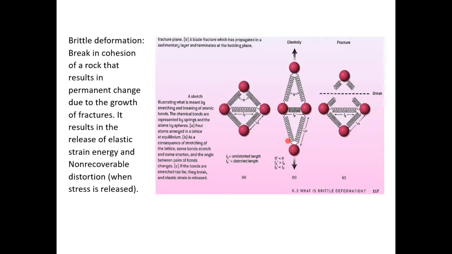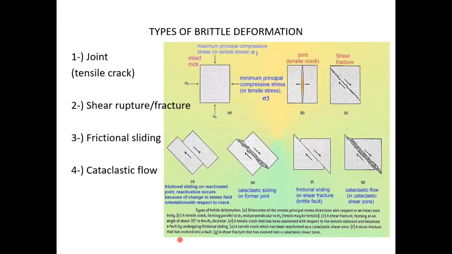At this point, the expression of this atomic scale deformation from outside will be a broken surface or broken plane. In this case, rock is weaker, and this is a non-recoverable, irreversible, permanent change. That's why we call it brittle deformation.